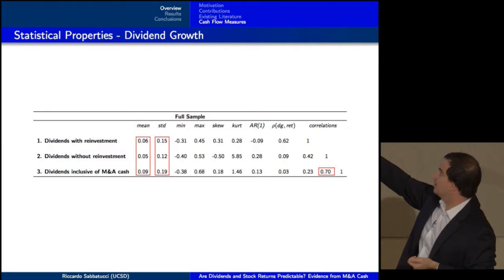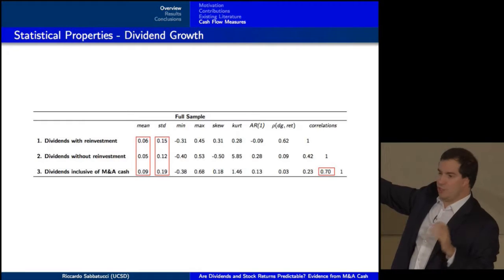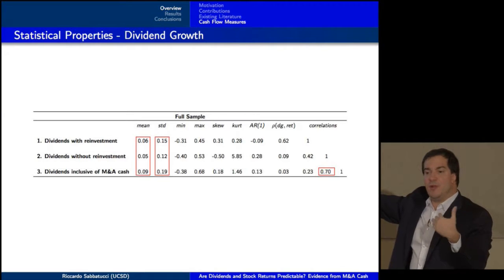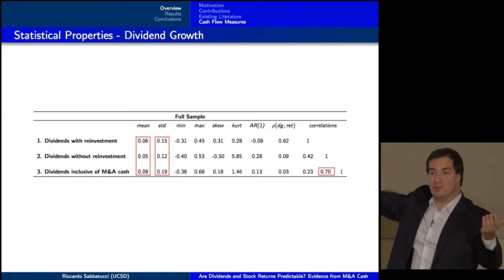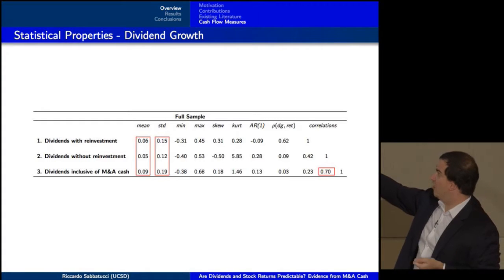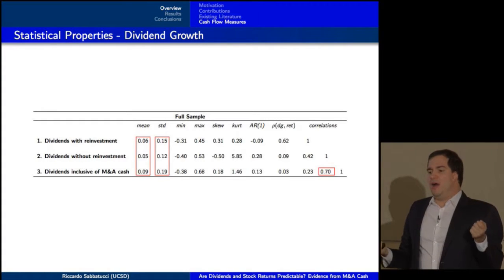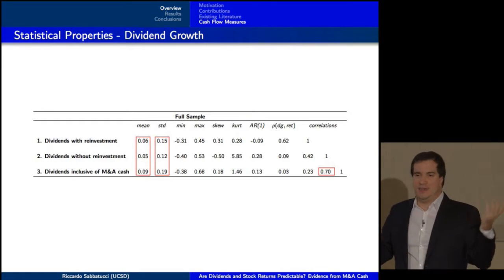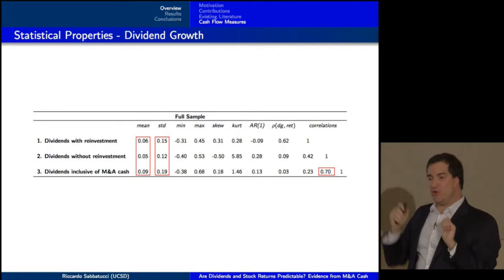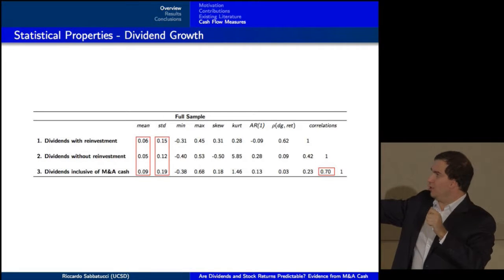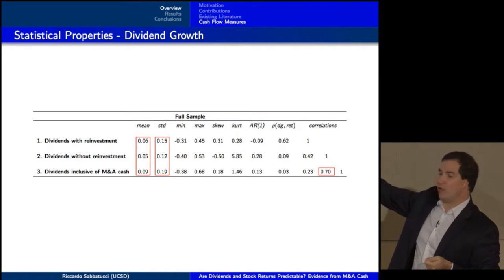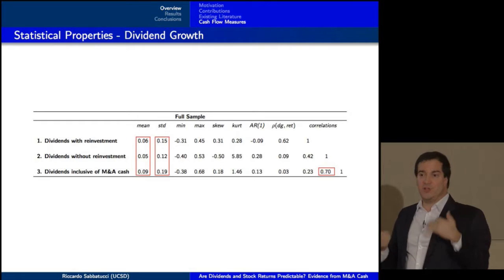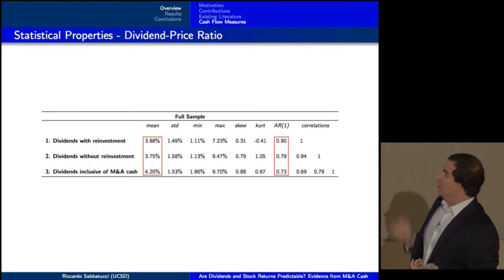But the key, I think, is the correlation between my measure, which is built bottom-up, so there is no reinvestment by construction, and the dividends without reinvestment extracted from the CRSP index. The correlation between the two, if you just look at the ordinary dividends, is very high, close to 100%. Once you add on top of the ordinary dividends the cash M&A dividends, the correlation drops to 70%. So they're not the same things, obviously.